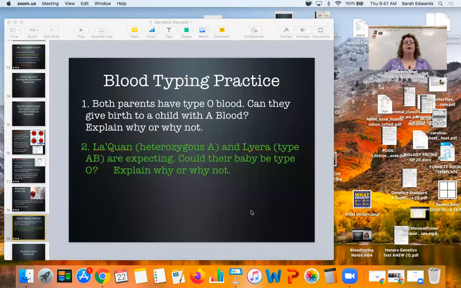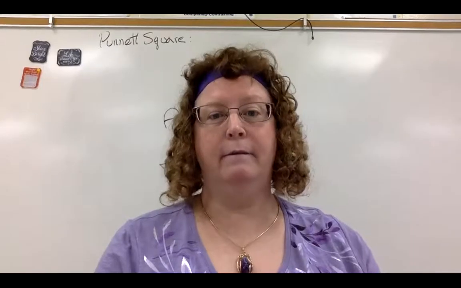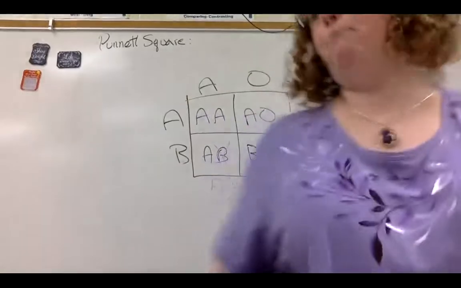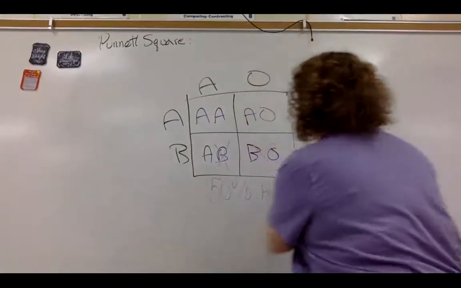Okay, so if both parents have O blood, can they give birth to a child with A blood? Now, if you're sitting there thinking, you might already know the answer to this without a Punnett square. But let's go ahead and take a look at it.